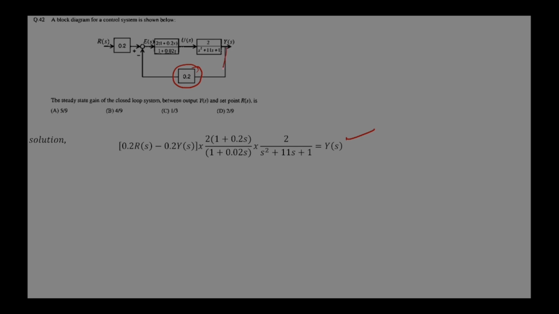This is 0.2 coming from Y(s), so 0.2 Y(s) is here, going here and meeting with R(s) times 0.2. So 0.2 R(s) is going here, minus 0.2 Y(s). Then no signal is coming in, so it is a direct multiplication of this whole term, and again no signal is coming from elsewhere, so directly multiplying this, which is equal to Y(s).